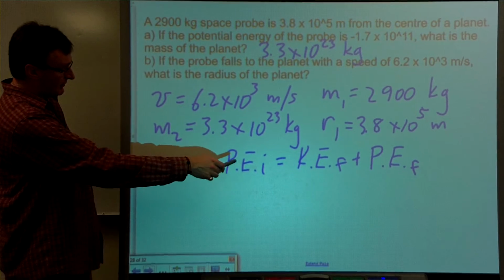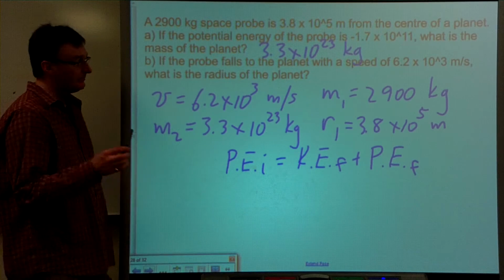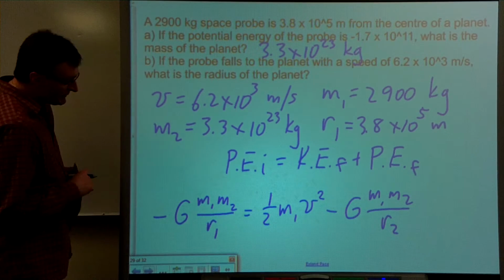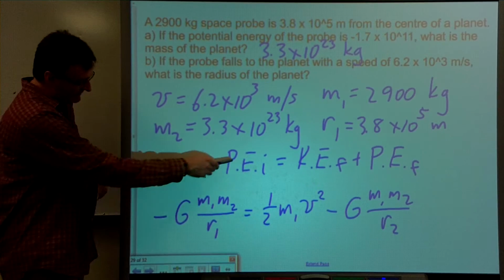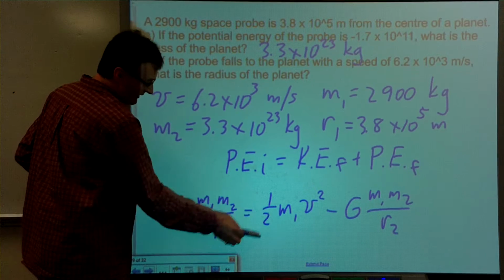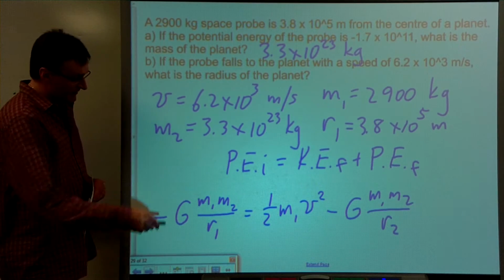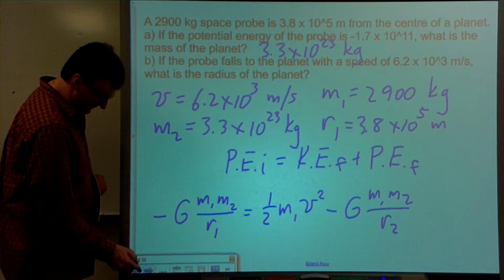So here's how it's going to look. Initial potential energy equals final kinetic energy plus final potential energy. So there is our equation there. Now we just have to put the numbers in where they're supposed to go.